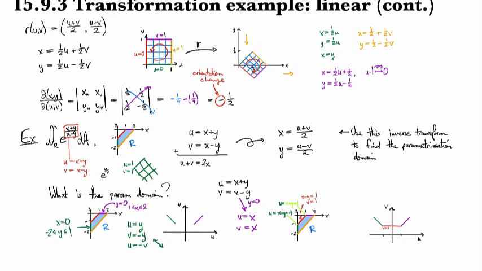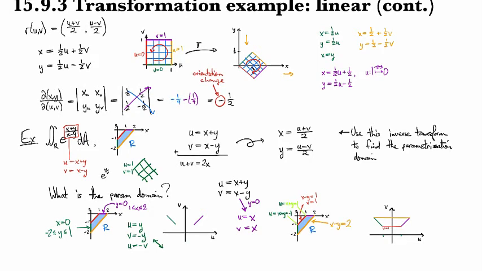And then for the last side, it's already a dead giveaway that it's going to be this one right here. But just to see that everything's legit, this is where we have x minus y equals 2. So that's v equals 2. And then we're going from this to this.